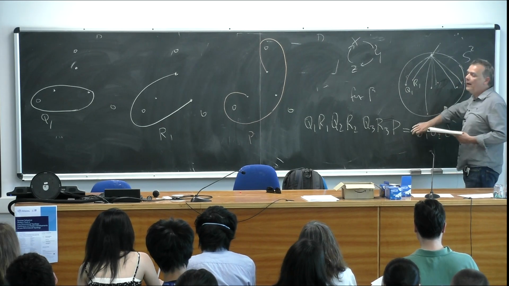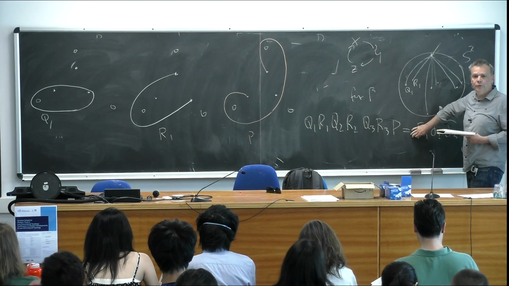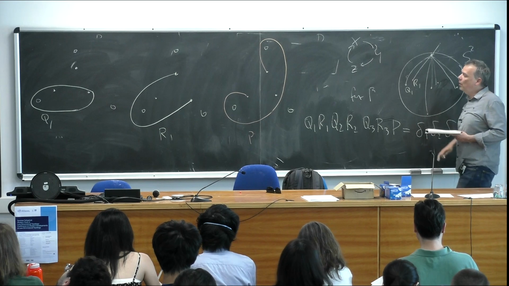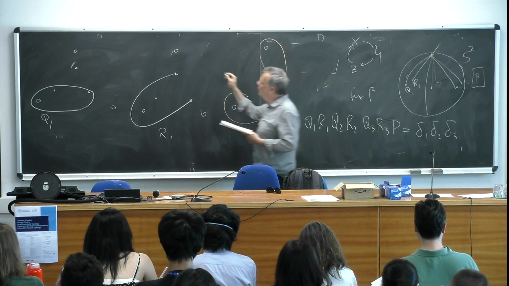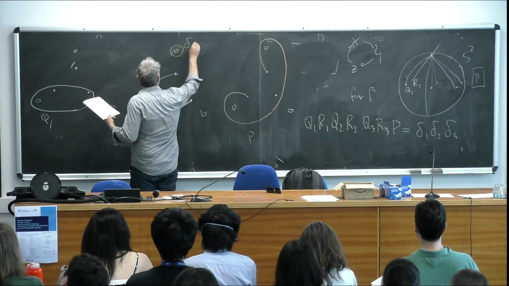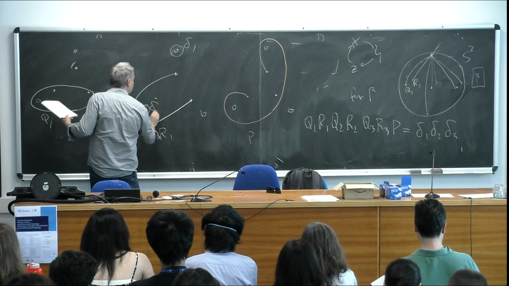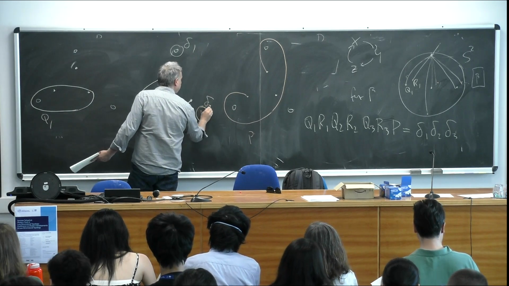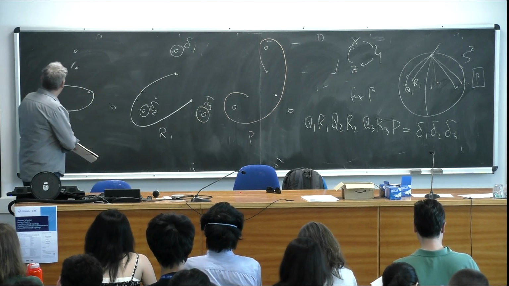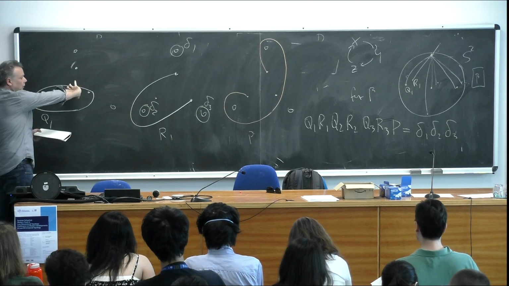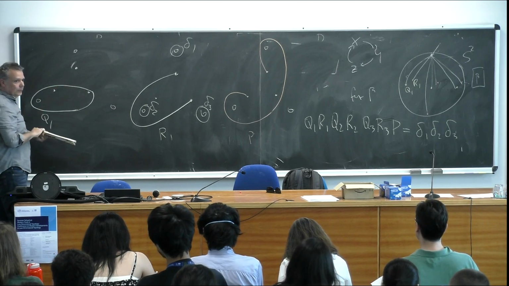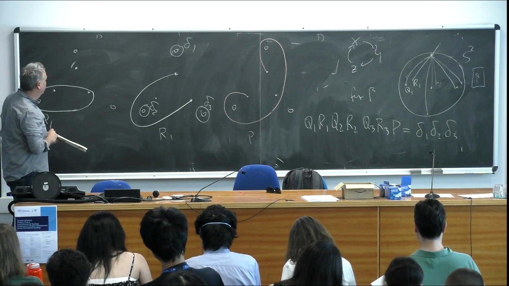So it's equal to identity if you want closed surfaces, or equal to the positive Dehn twist around these 3 points. This would be delta 1, delta 2, delta 3. And you have to use this rotation to get Q2. So this.